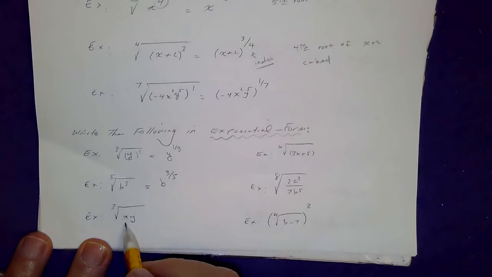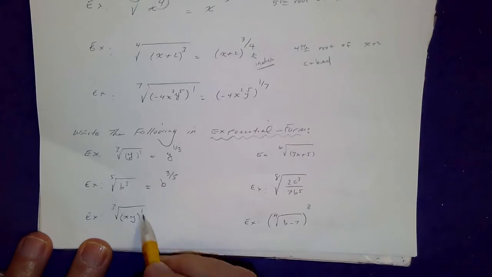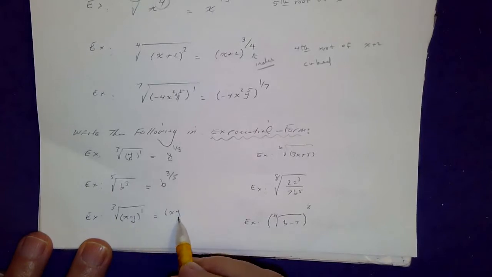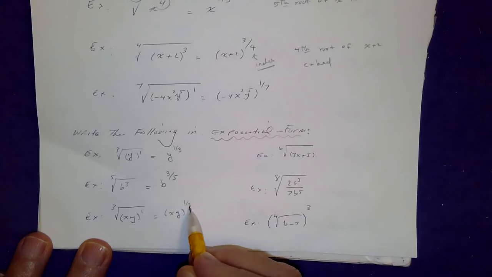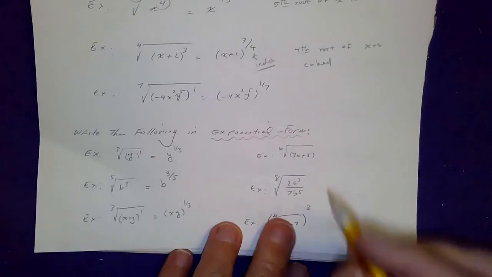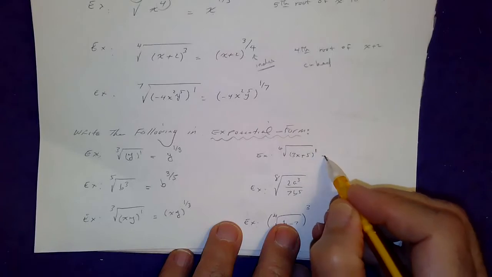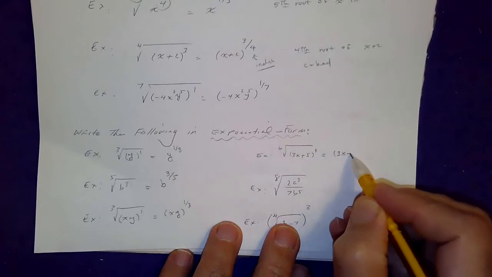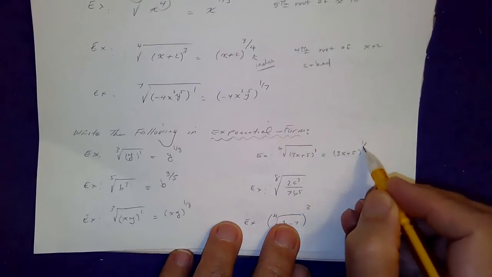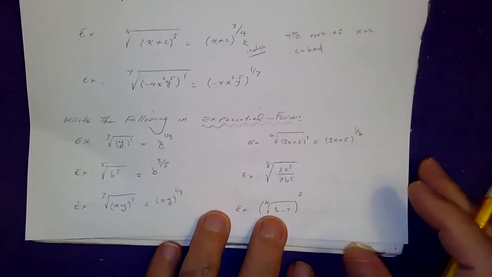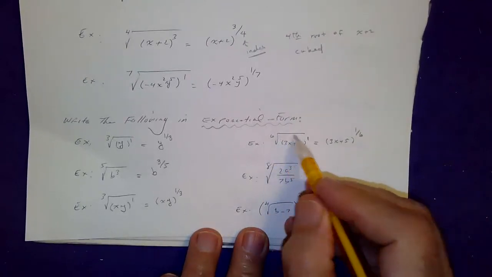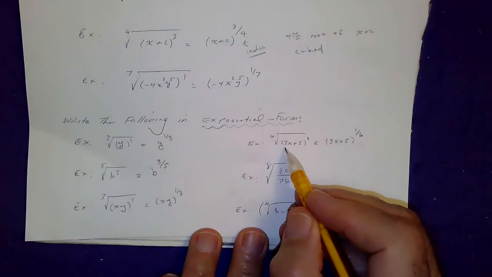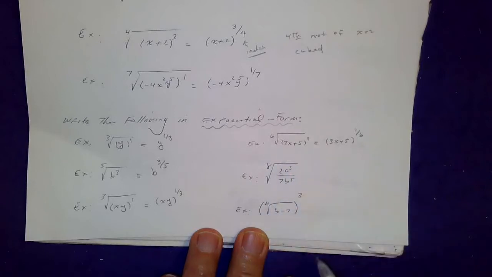The cube root of xy doesn't have a power, so this should be xy to the power of 1/3. This one doesn't have a power, so give it a power of 1, so that's 3x plus 5 to the power of 1 over 6. Incidentally, you would read this as the 6th root of 3x plus 5.